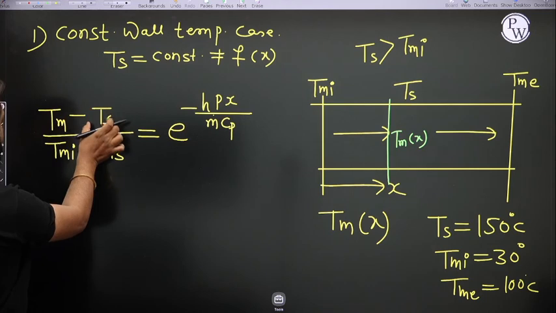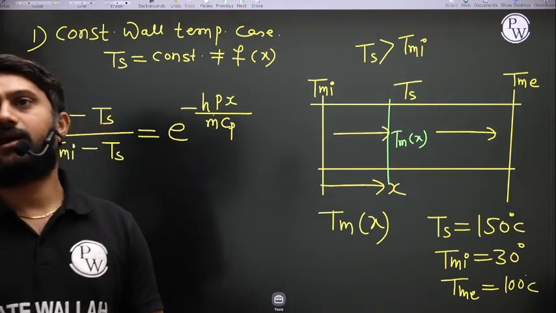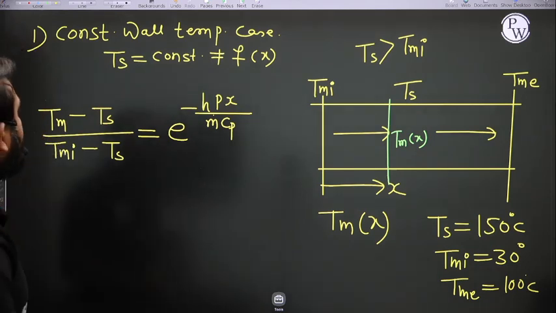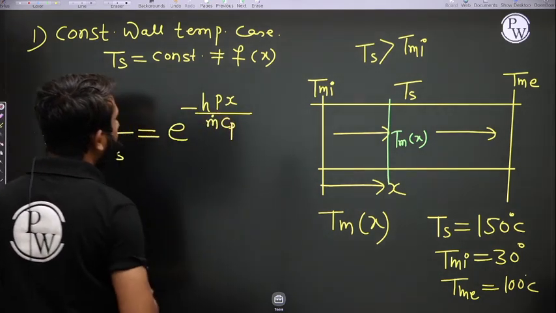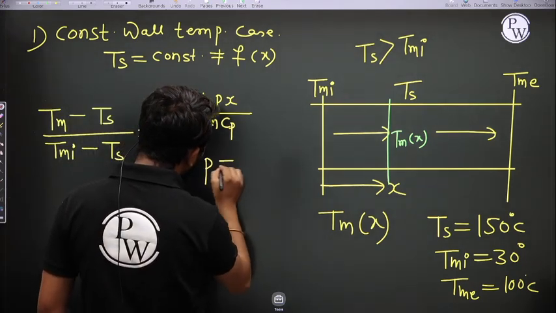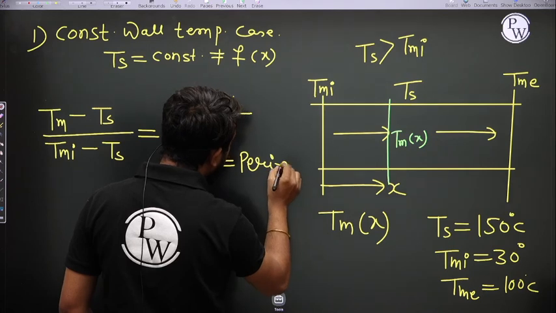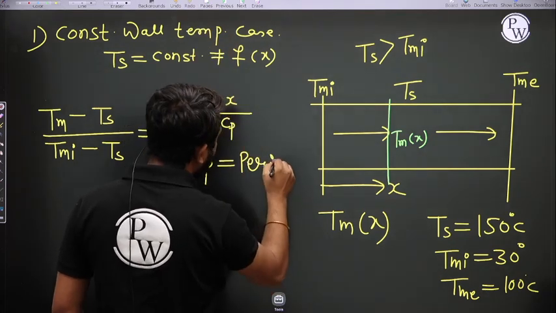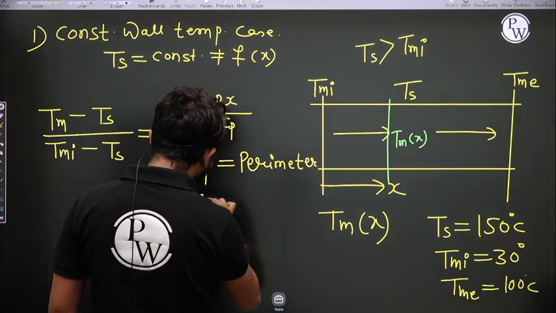Tm minus Ts upon Tmi minus Ts is equal to e to the power minus hPx upon m dot Cp. What is the h? h is the convective heat transfer coefficient. What is the P? P is the perimeter. What is the m dot?